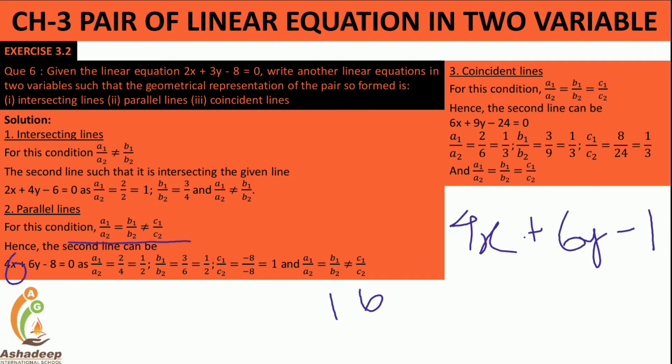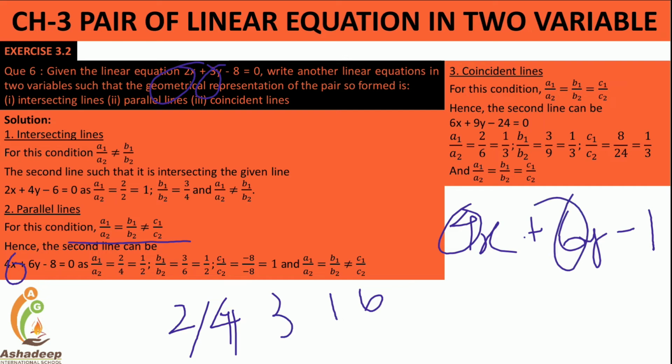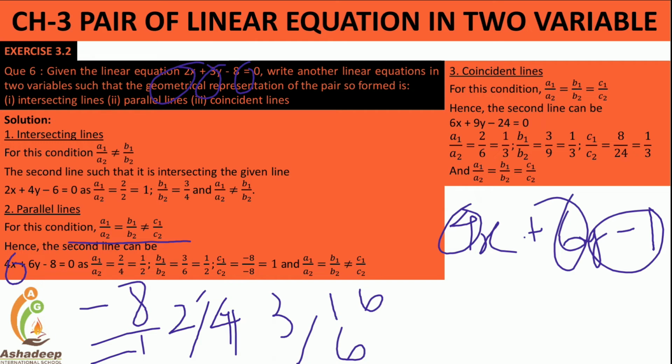Now let's check. A1 is nothing but the 2. So what is the A2? 4, right? B1 is 3. So what is the B2? Nothing but the 6. Now what is the C1? Minus 8. What is the C2? Minus 1. So see here, this is 1 by 2, 1 by 2. But here it is 8.